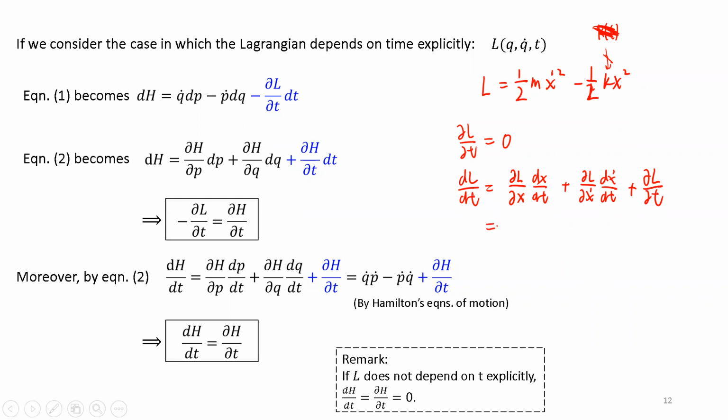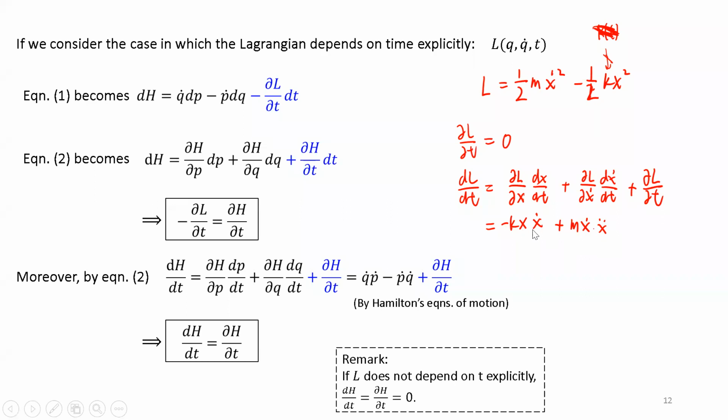This partial L partial x is minus Kx, with the x dot over here. And what about partial L partial x dot? It is Mx dot here, times x double dot.